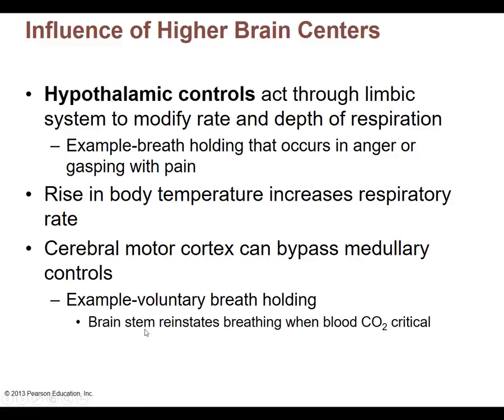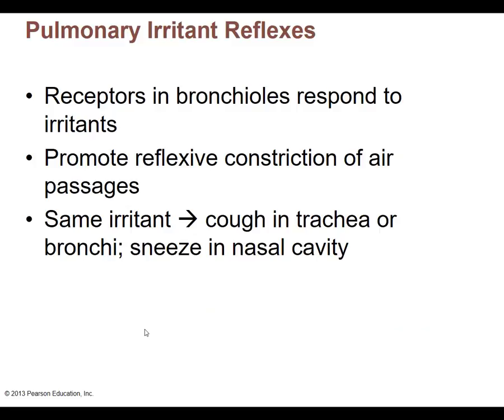Some other things that can influence air going in and out are irritant reflexes. We've got receptors in our bronchi, or our bronchioles, that can respond to any type of irritants. They promote reflexive constriction of air passage. If you've got some type of dust getting into your bronchioles, we don't want it there, so we're going to try to constrict those so we don't get those irritants in.